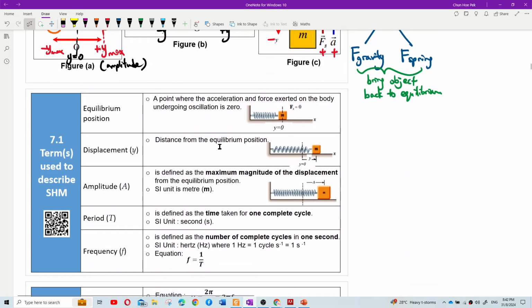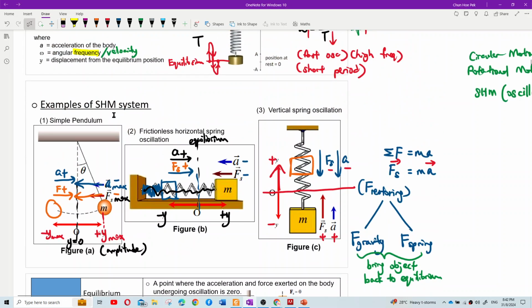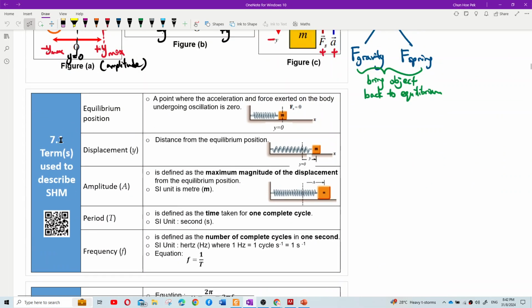Okay, good. See, I already explained all this, right? Okay, so terms used to describe simple harmonic motion. You already learned about equilibrium position. It's the point where the acceleration and the force exerted on the body undergoing oscillation is zero. You understand what it means here?